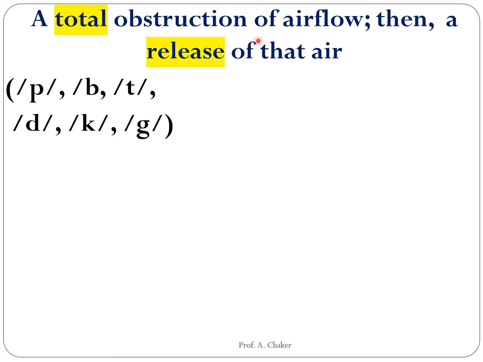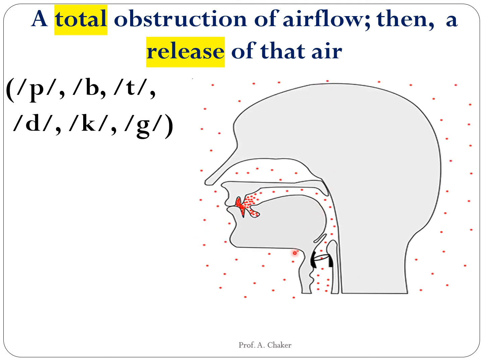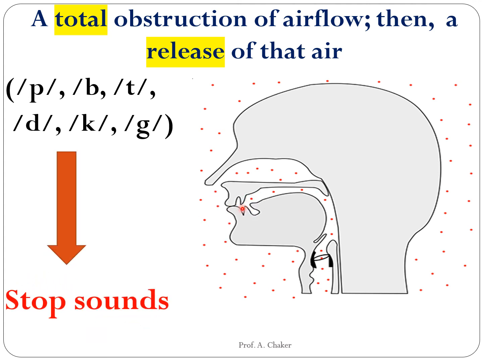You see, the air is blocked. Then after that, there is a release of that air. Have a look at this picture. You see, the air is blocked at this level of the lips. Then it is released to produce the sound. These sounds are called stop sounds. Stop.